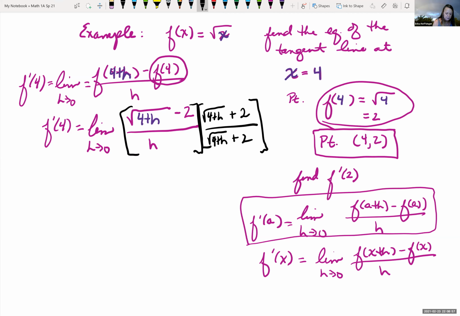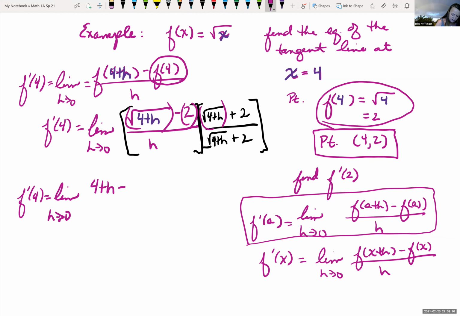We also talked about when we were multiplying by the conjugate, this was the difference of squares. And so using that fact, we can just square the first grouping minus the square of the second grouping. So f prime of 4 is equal to the limit as h goes to 0. So squaring this first grouping, the square root of 4 plus h quantity squared is just 4 plus h.